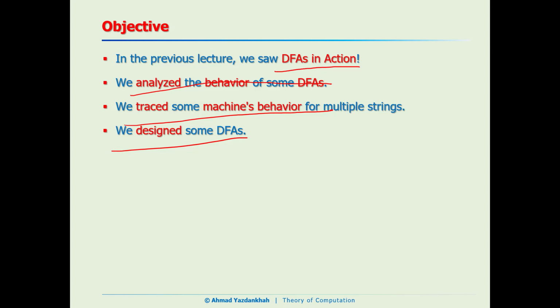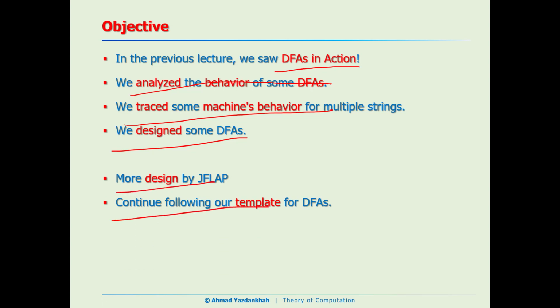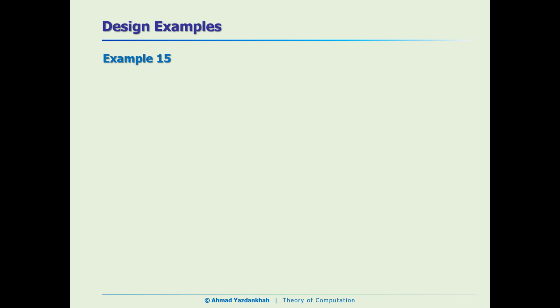So we are so ready for what? Designing with JFLAP and also continuing the template that we follow so far. Okay, so let's start with another design, and we are gonna use JFLAP for this.